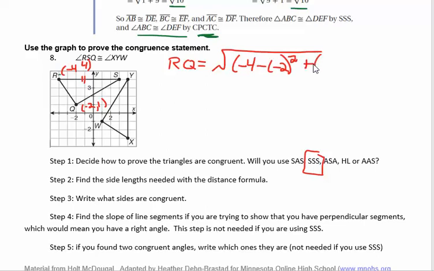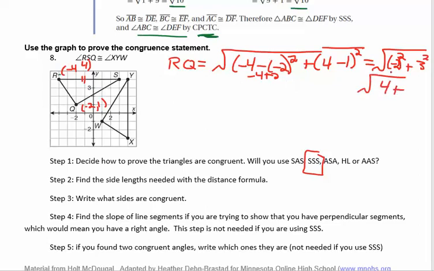And then to that we'll add the difference in the y-coordinates, which would be 4 minus 1, and square that. -4 minus -2 is the same as -4 plus 2. That's -2. So -2 squared plus 4 minus 1 is 3 squared. So -2 squared is 4 plus 3 squared is 9. So we get the square root of 13 for this one.